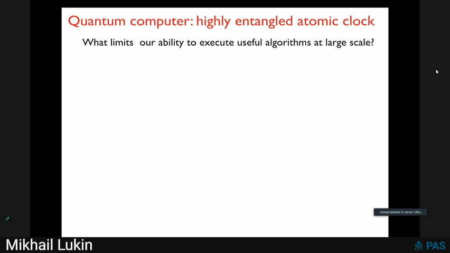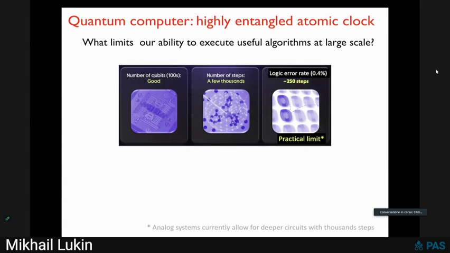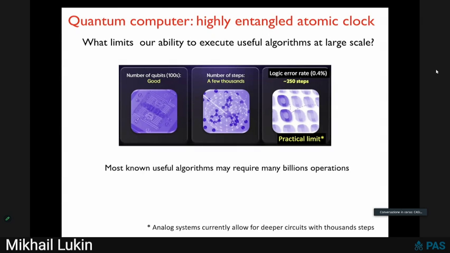And actually, as already was indicated earlier today, the key challenge in building a scalable, useful quantum computer is associated with errors. In particular, most known useful algorithms may require many billions of operations, and it's just not conceivable to have perfect quantum logic, for example, entangling operations, at this level.